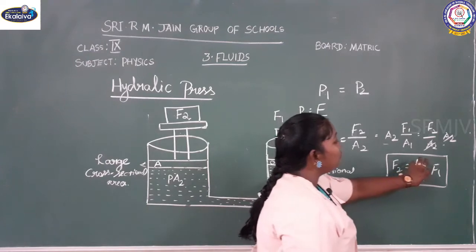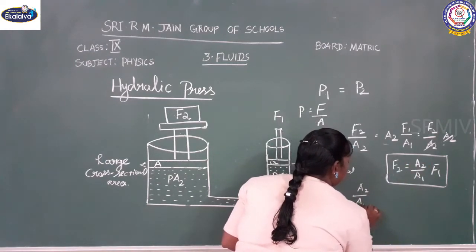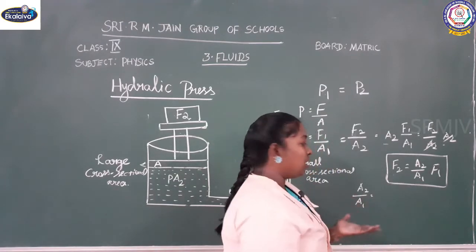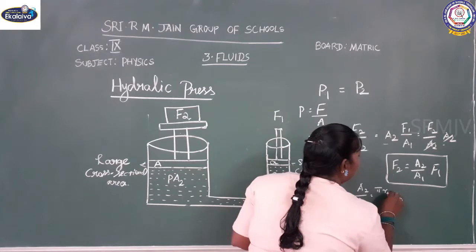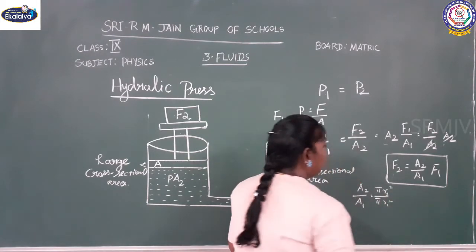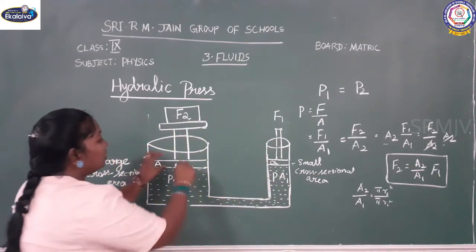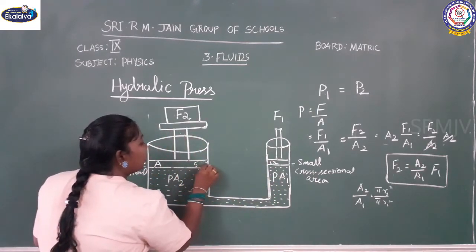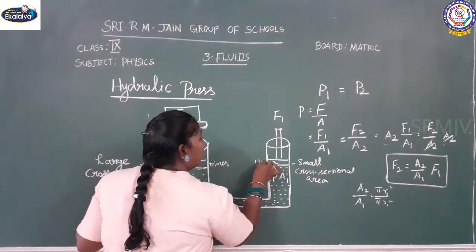Now we need to find what A2 by A1 is. A2 by A1 means the areas, so pi R2 square by pi R1 square. If you see these two cylinders, this thickness can be taken as 5 times greater, and this thickness can be taken as 1 time.